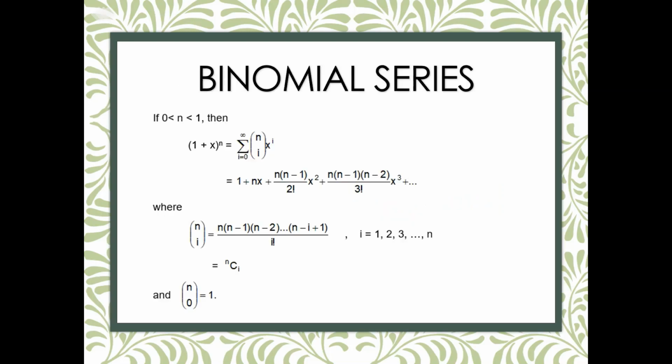If given the function (a + b) to the power of n, where n is in the range of 0 and 1, you need to apply the following binomial series. (1 + x)^n is equal to the sum of nCi multiplied with x to the power of i for i equals 0 until infinity, which is equal to 1 + nx + n(n - 1)/2! multiplied with x squared + n(n - 1)(n - 2)/3! multiplied with x to the power of 3 and so on.